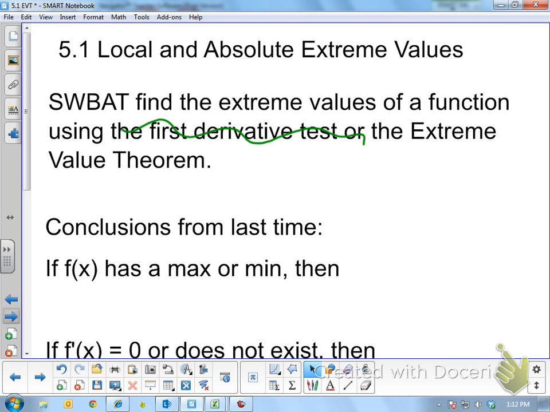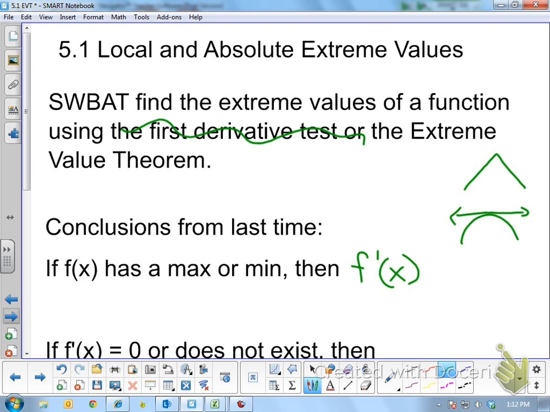What else? What was another possible option? That covered slope being 0 here. What if the derivative does not exist? So if f of x has a max or a min, then f prime of x equals 0, or f prime of x does not exist.